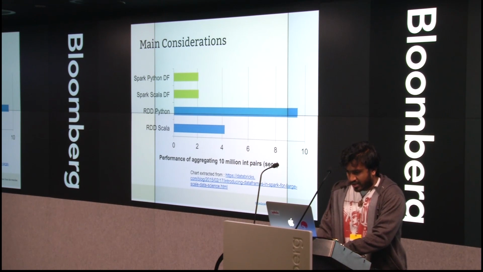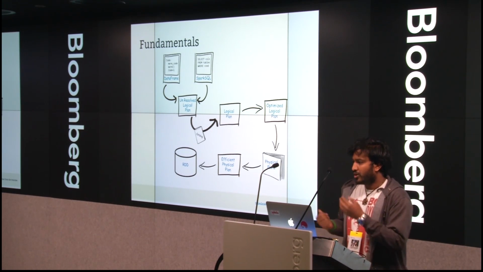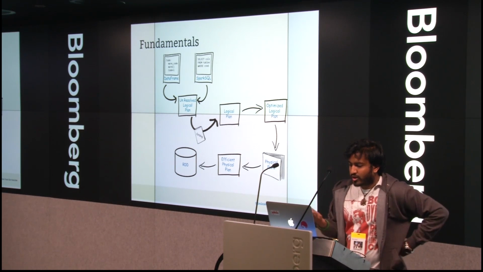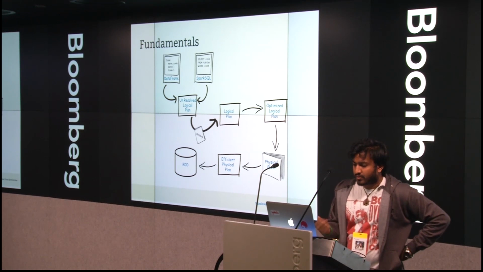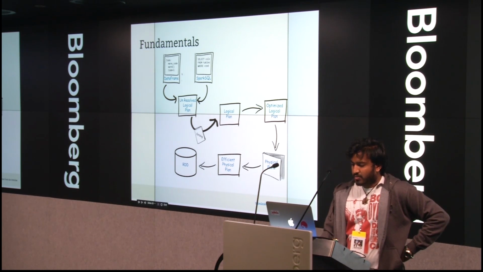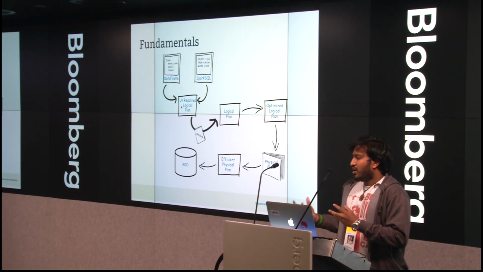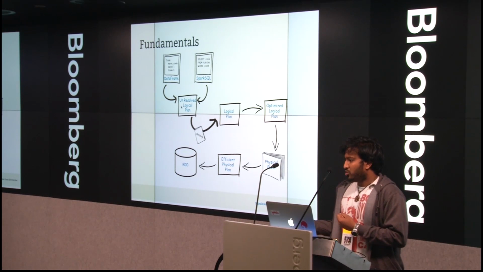So just to understand this more, I will briefly go through what happens when you write a Spark SQL query or a data frame query. You have this data frame or Spark SQL query at first, and this unresolved logical plan is like the bare form of the query that you submit to Spark.